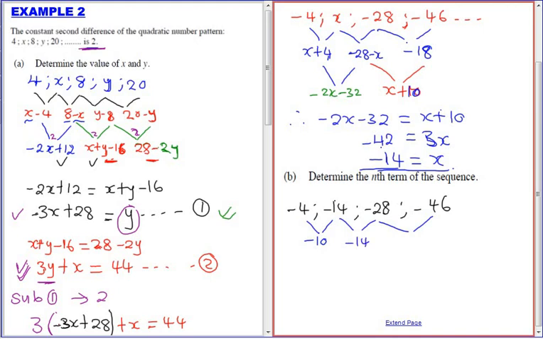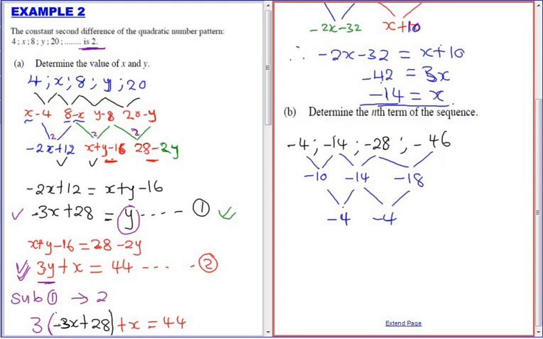Negative 46 minus 28, that will be negative 18. So when you get your differences, make it a point that you're doing it accurately. I'm getting negative 4 here. And negative 18 minus 14 is also negative 4. Interesting. So the moment that one is constant, you go ahead and equate it to 2a.